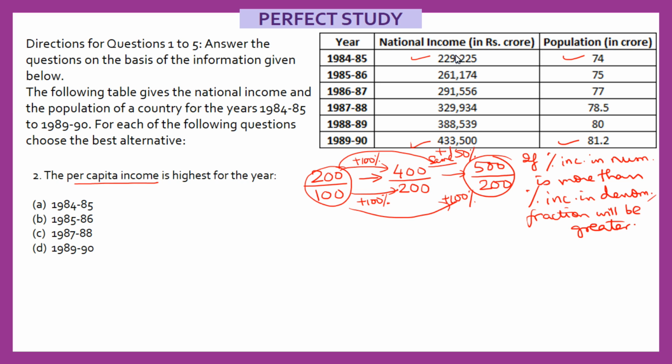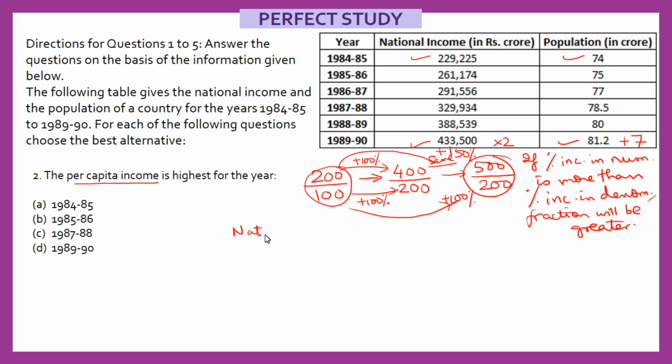This national income, from 229 it has become 433, which is almost double. Not exactly double, it is a little less than double, but I can say almost 2 times. That means it has almost increased by 100%. What has happened to the population? It has increased by only 7, and if you divide 7 by 74, you will get 10%.